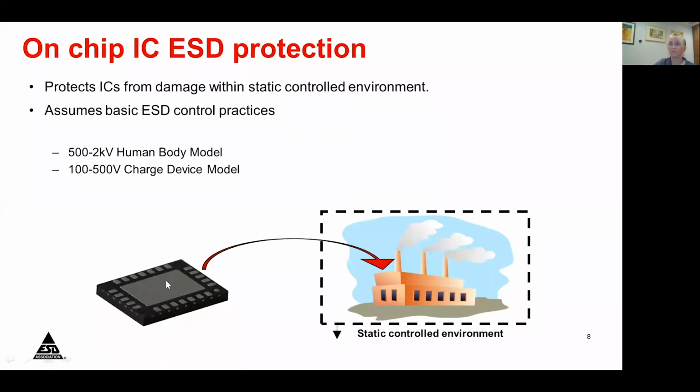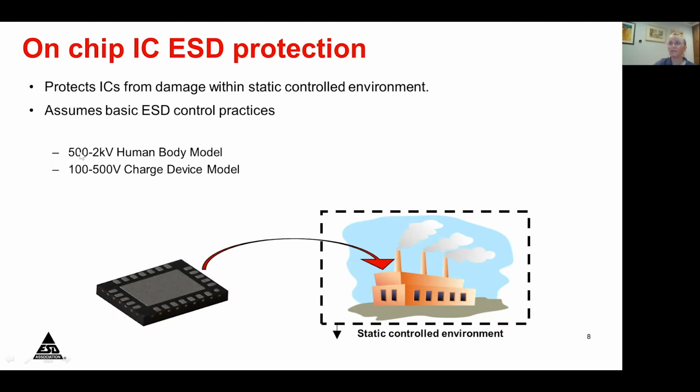So first off, why is there a difference between the IC and the system? The ICs, represented here as a little package, the ESD levels that we build in and design our ICs for assume that the IC is only ever going to be handled on its own in a static controlled environment. So there are measures put in place to control the maximum amount of buildup of charge inside a static controlled environment, and then we can design for protection at levels below that.